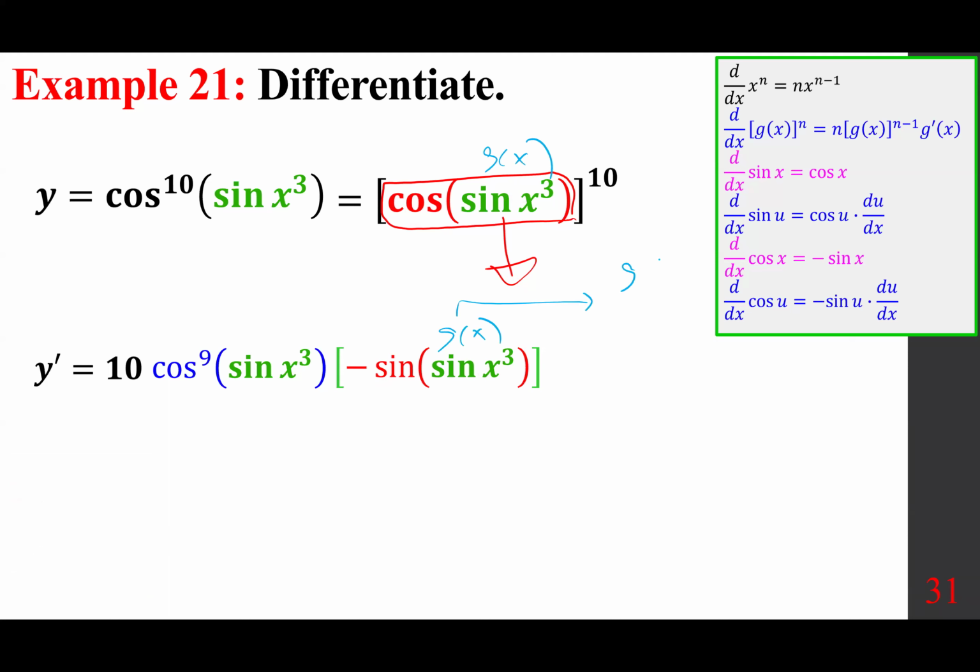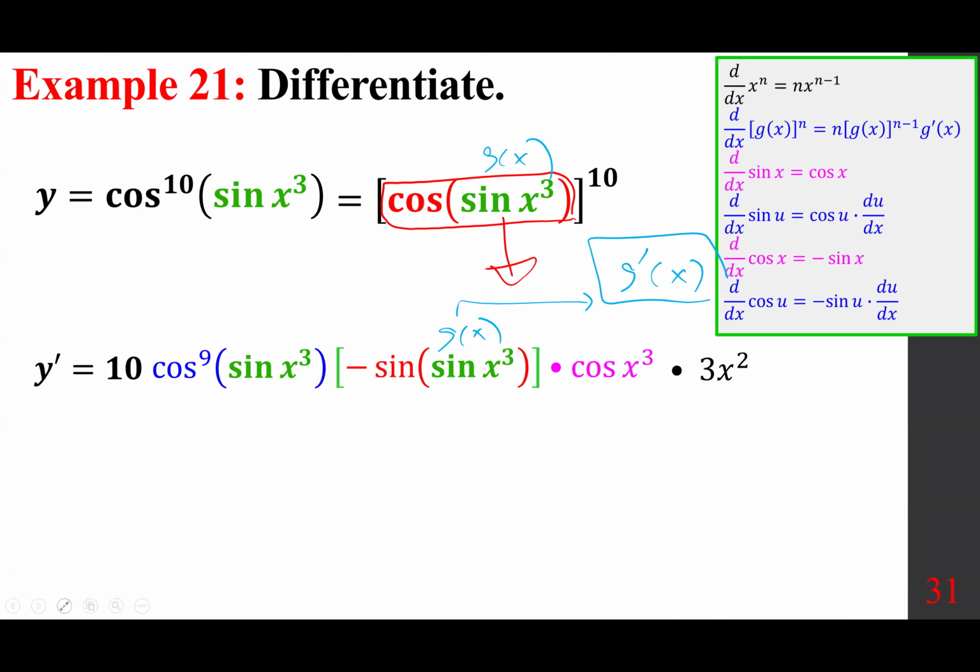Finally, we need g prime of x. That means we need the derivative of sine x cubed. What is the derivative of sine of x cubed? Cosine x cubed times the derivative of x cubed, 3x squared.